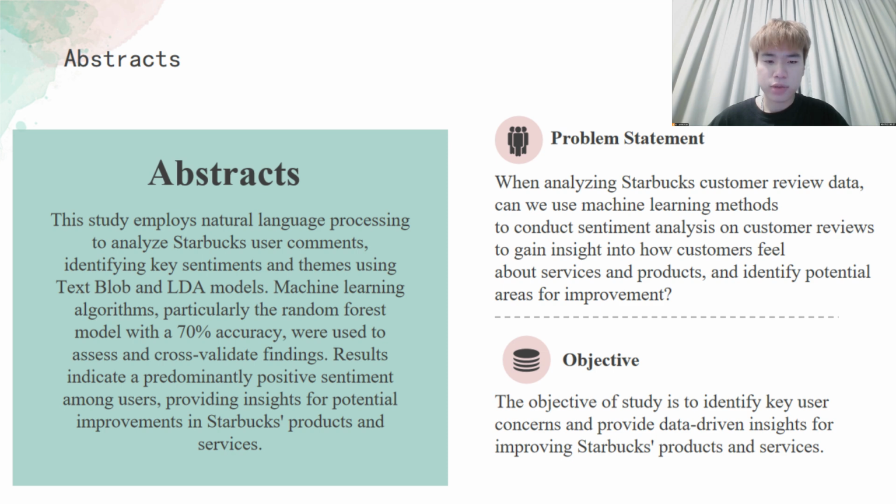The results showed that user sentiment was predominantly positive, which provided insights into potential improvements to Starbucks products and services. The purpose of this study was to identify key user concerns and provide data-driven insights to improve Starbucks products and services.